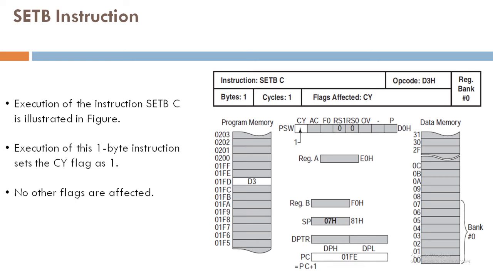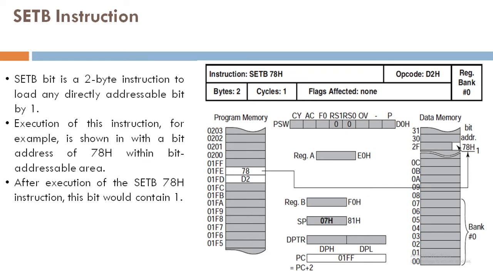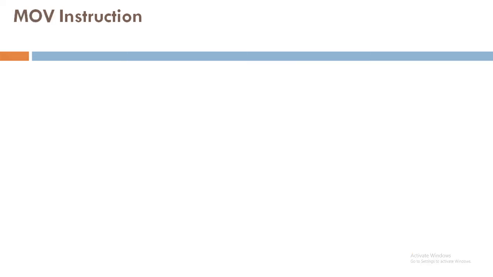So, in this case, no other flags are affected. Now if we again have SETB 78 hex, we can see that the bit addressable location, the bit address is 78, and that particular location would now contain 1 after execution of SETB 78 hex. And in this case, no other flags get affected.